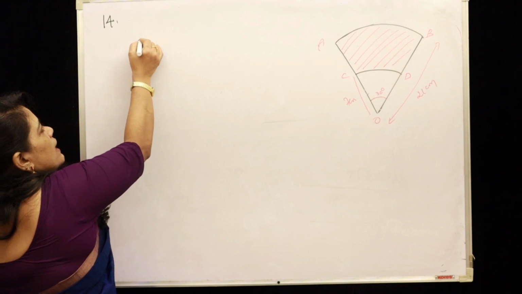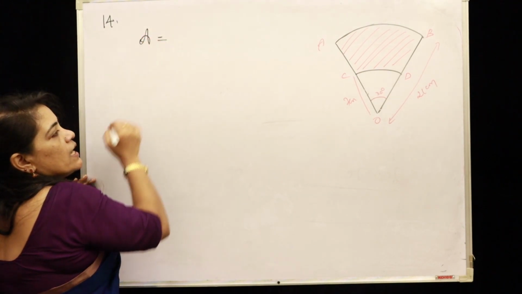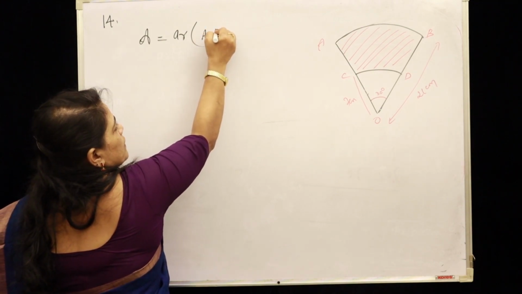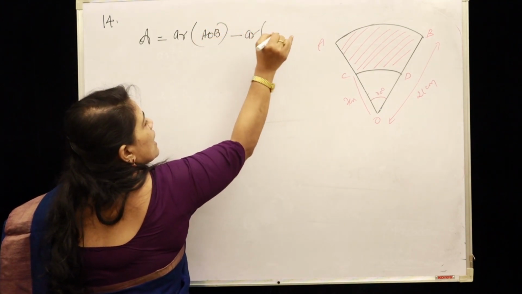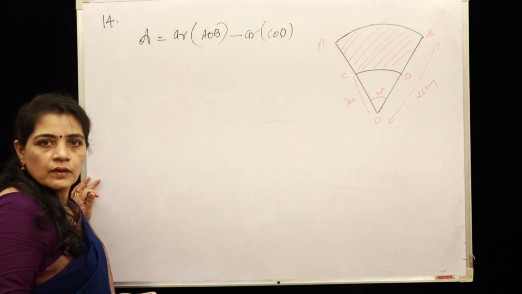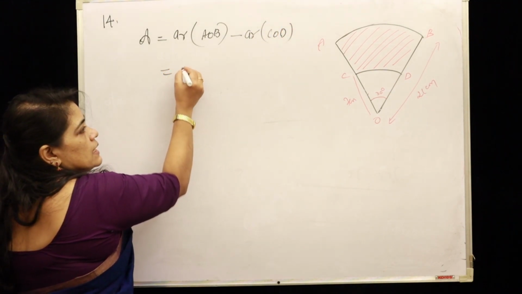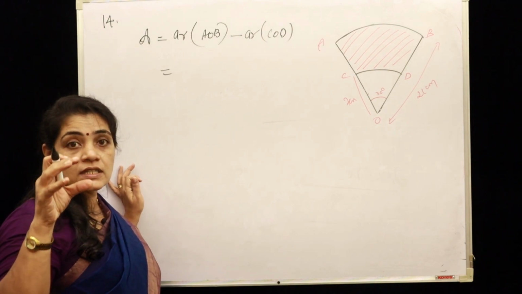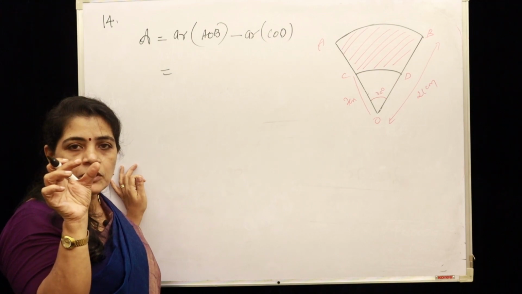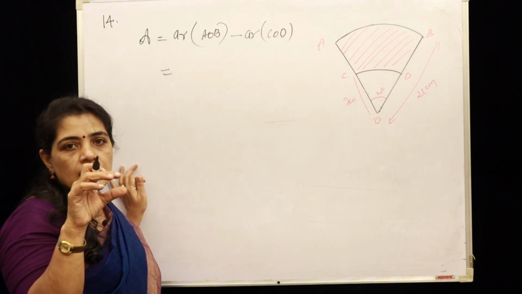So the area of the shaded region A is equal to the area of the sector AOB minus the area of the sector COD. Theta being the same, they are parts of concentric circles with the same center, and the angle between the radii is the same, 30 degrees.